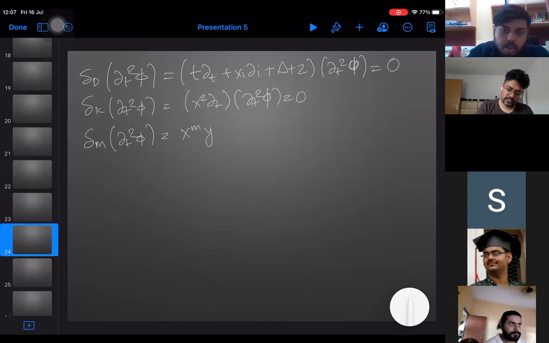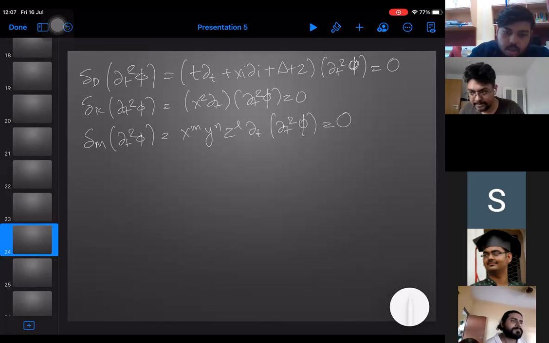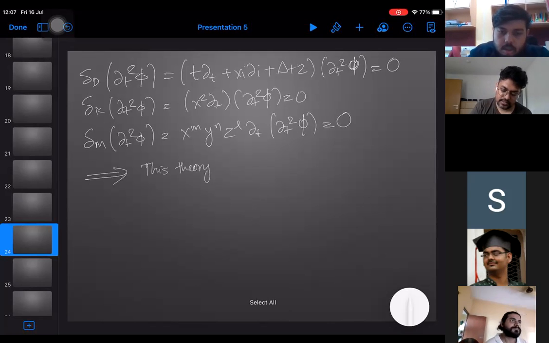We have the x^l ∂_t acting on ∂_t² φ, which is 0. So, as you can see from above, I have only shown it for a few of them. So this theory has CCA invariance.